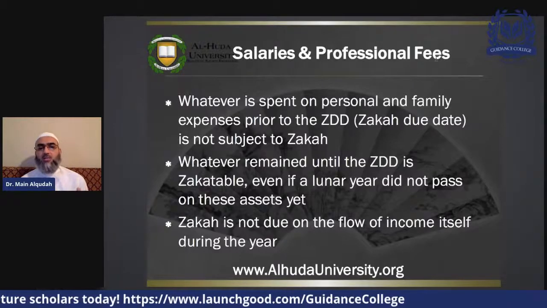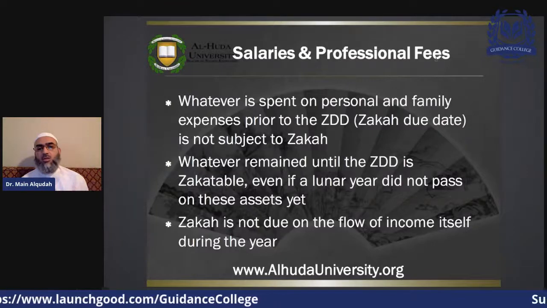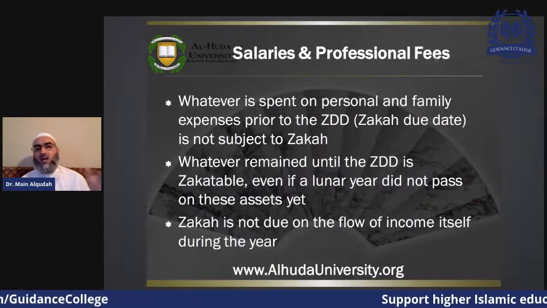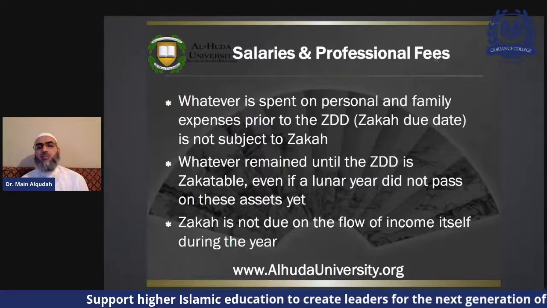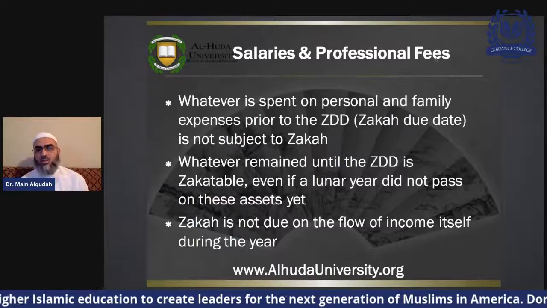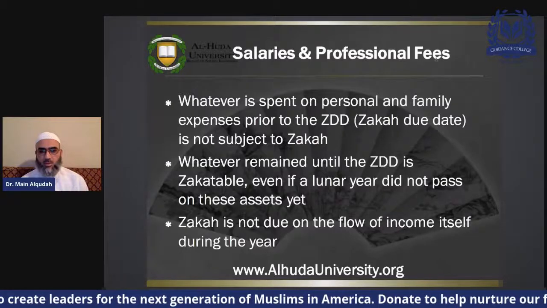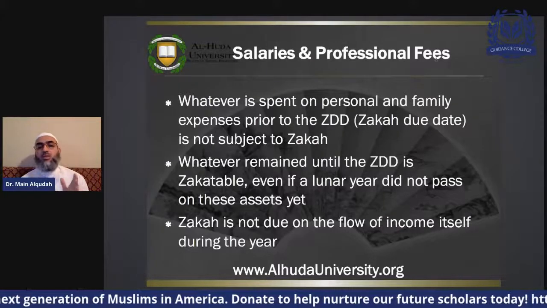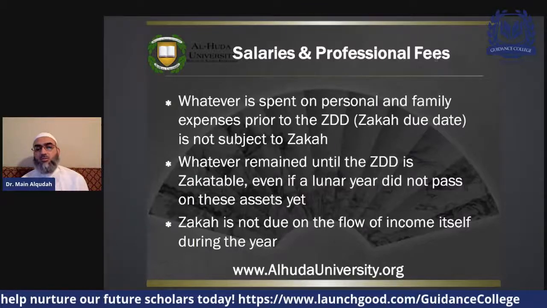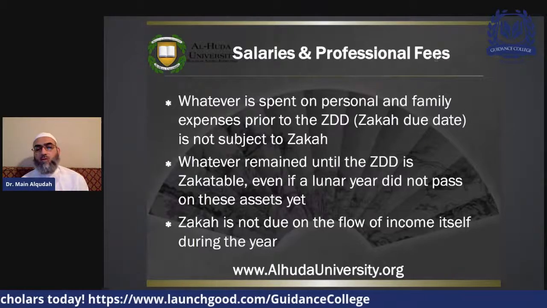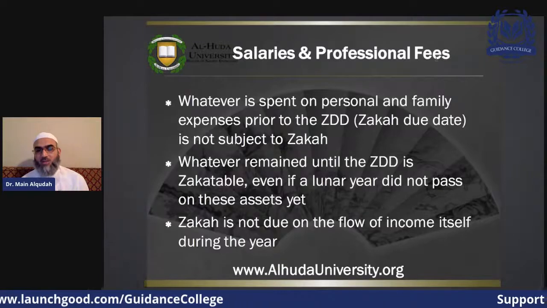Now, the right answer is that those 20,000 have to be added to the 50,000, and then he pays zakah on the $70,000 at the beginning of the month of Ramadan, despite the fact that those $20,000 in our example did not stay in his possession for more than 2 days.